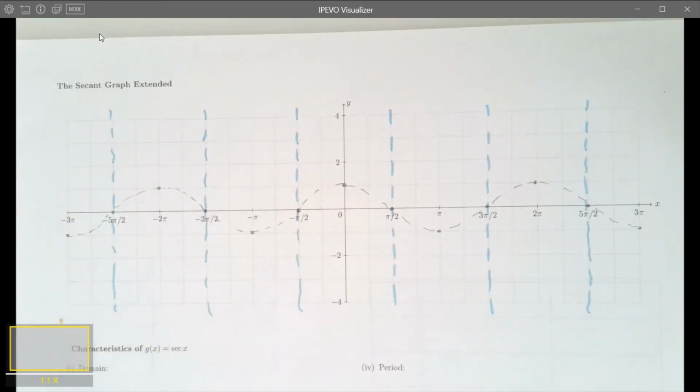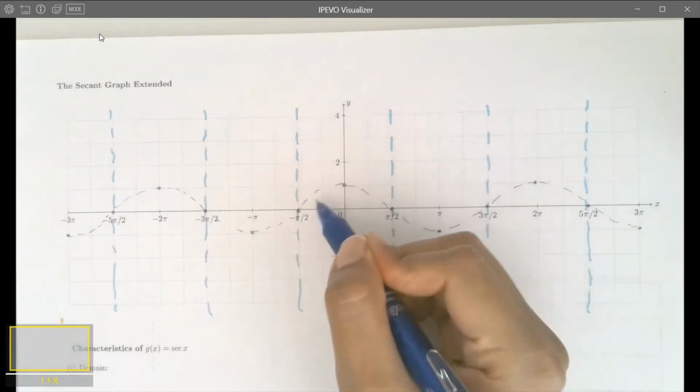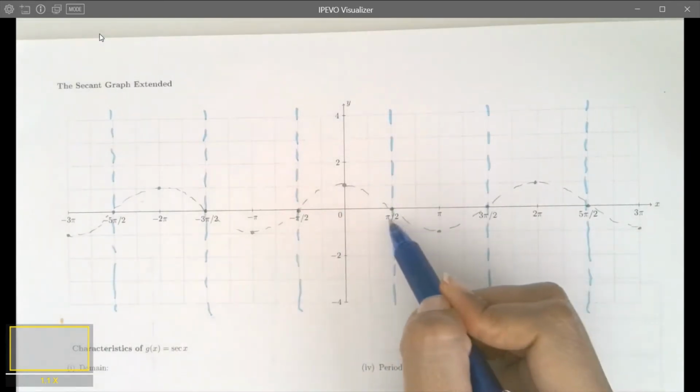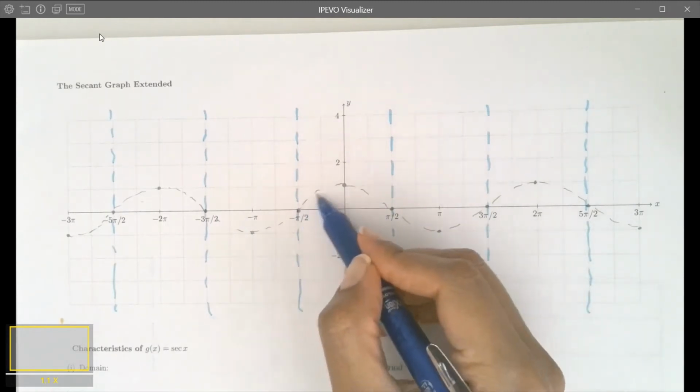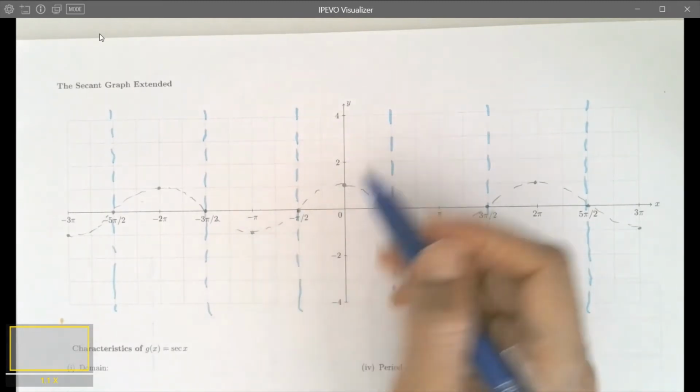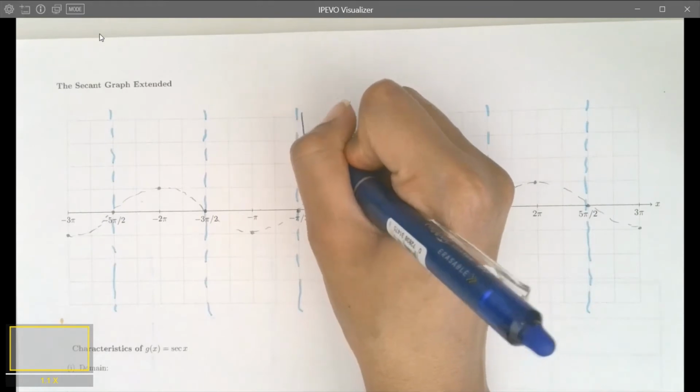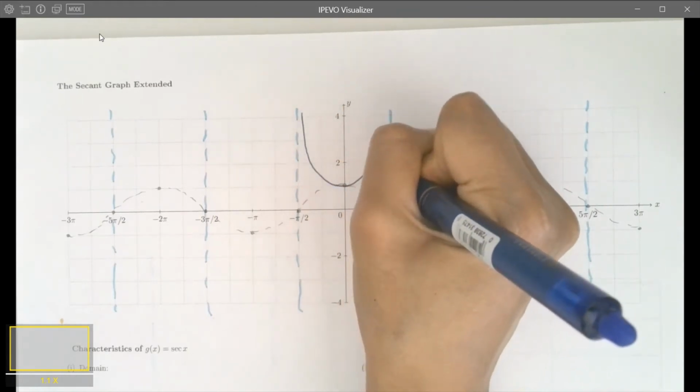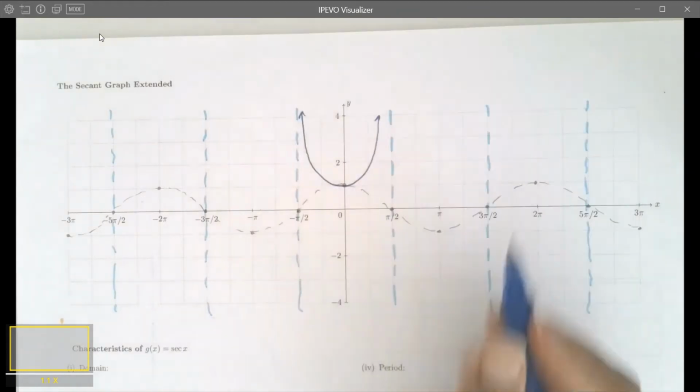And then the last step is to flip the shape of the reciprocal function. For instance, between negative pi over 2 and pi over 2, I have a downwards facing cosine. So that means secant will have an upwards facing parabola in that interval.